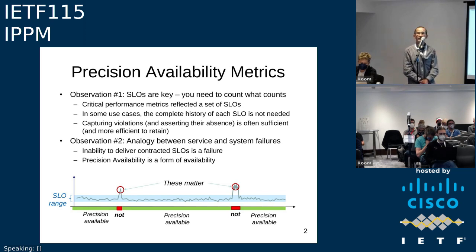For example, the operator may be interested in early warning about dynamics or degradation of the particular performance metric, and will request that the system, the PAM, inform about the violation of the optimal threshold.